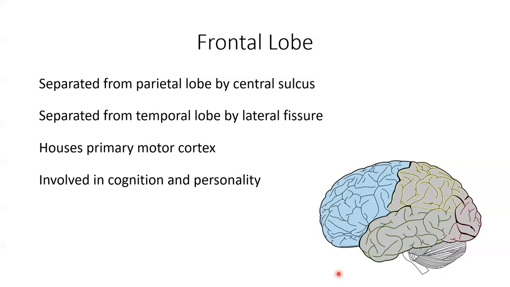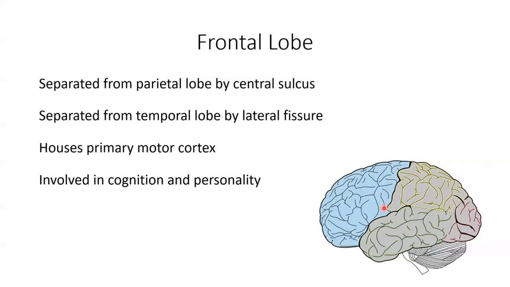So the primary motor cortex, which I will elaborate on in a second, is found in the precentral gyrus. So the gyrus, which is the ridge pre or before the central sulcus. So if this is our central sulcus here, this ridge is going to be our precentral gyrus.